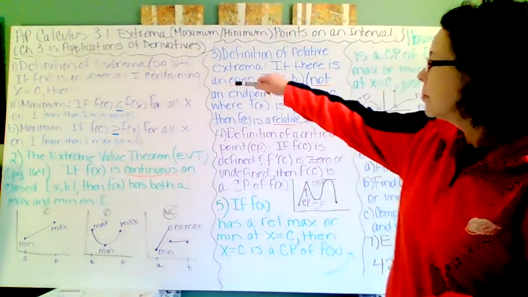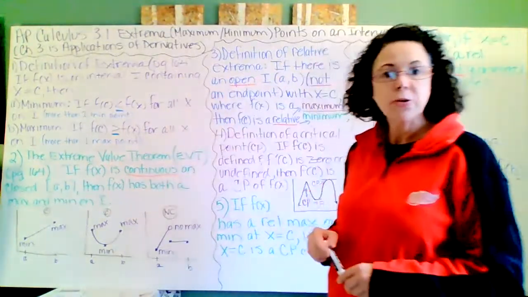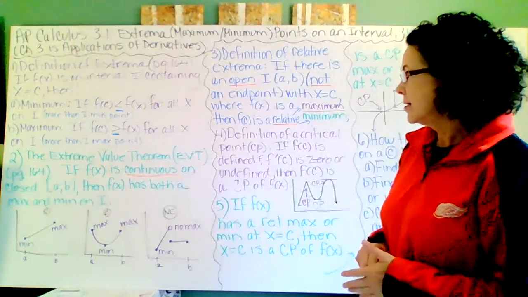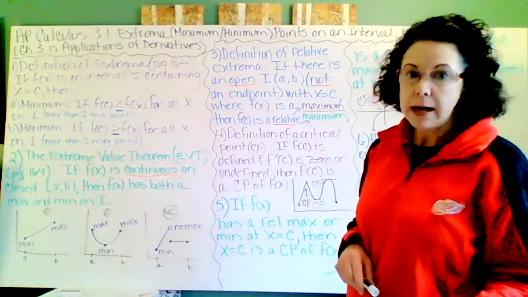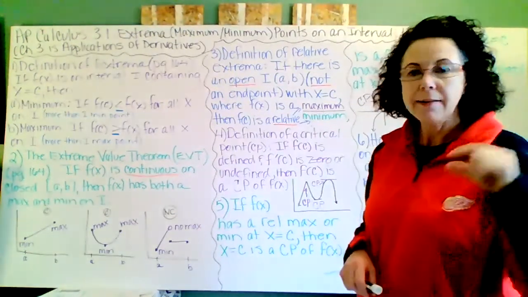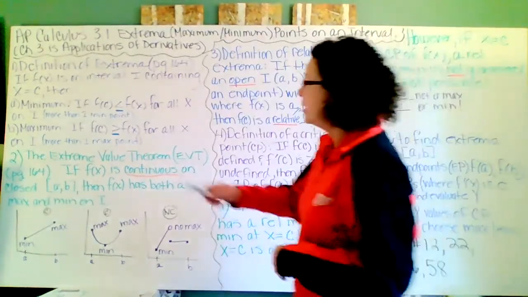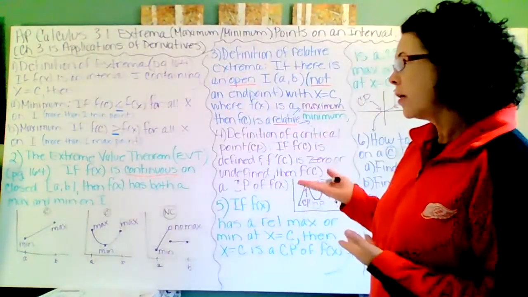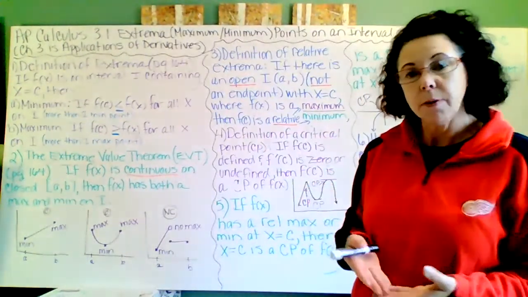So let's take a look. Number 1, the definition of extrema, that is on page 164. If f of x is on interval I, so we'll be using that I a lot, containing an x that equals c, then here are the definitions of a minimum and maximum point.